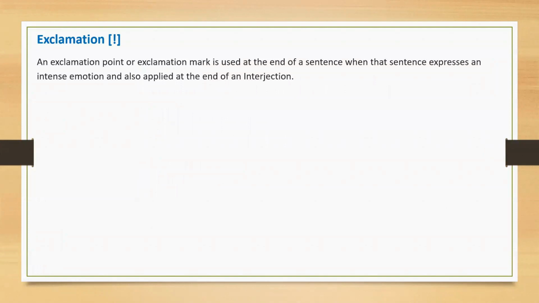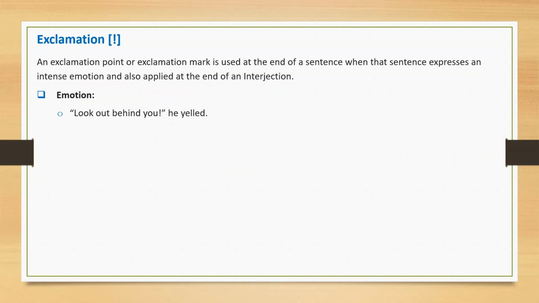Exclamation. An exclamation point or exclamation mark is used at the end of a sentence when that sentence expresses an intense emotion and also applied at the end of an interjection. For example, "Look out behind you!" he yelled.